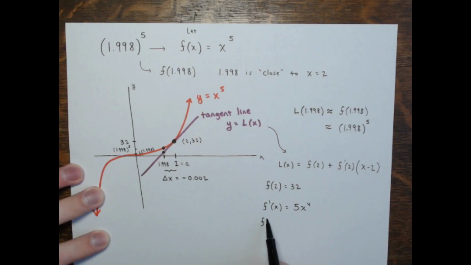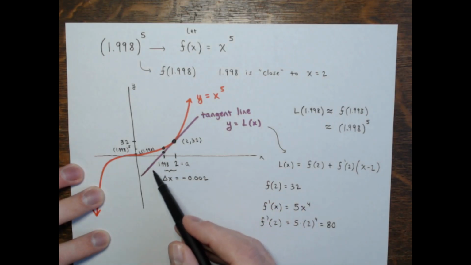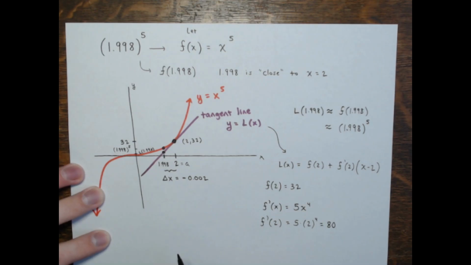So then the slope of this tangent line at 2, f prime at 2, would be 5 times 2 to the fourth power. Now 2 to the fourth power is 16. 5 times 16 is 80. So this line has a slope of 80, very steep.